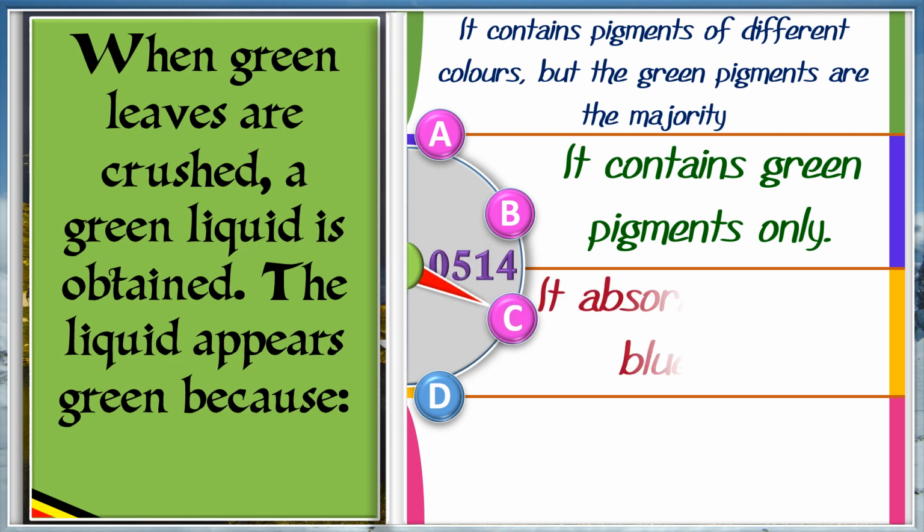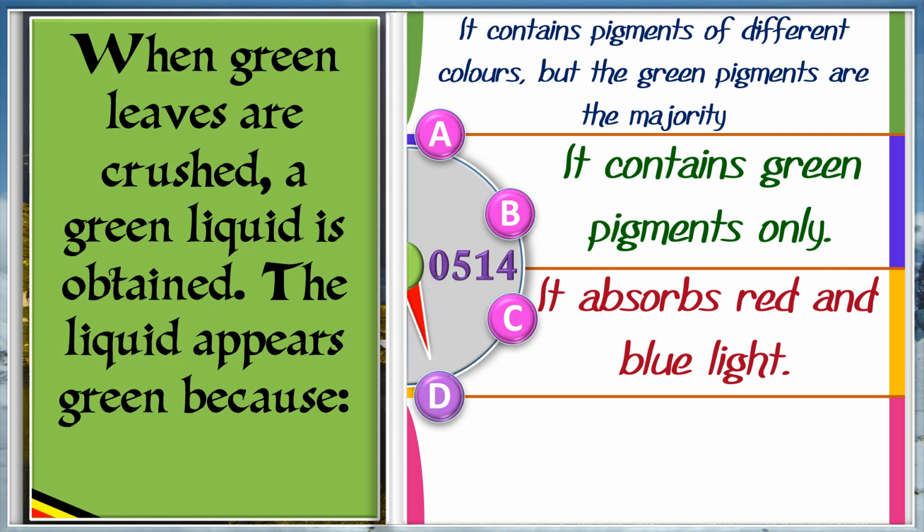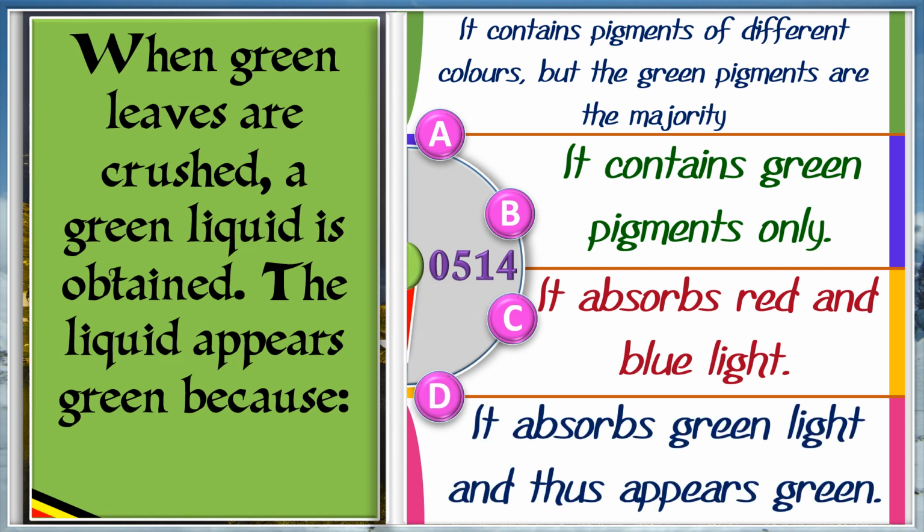C. It absorbs red and blue light. D. It absorbs green light and thus appears green. And the answer is C. It absorbs red and blue light.